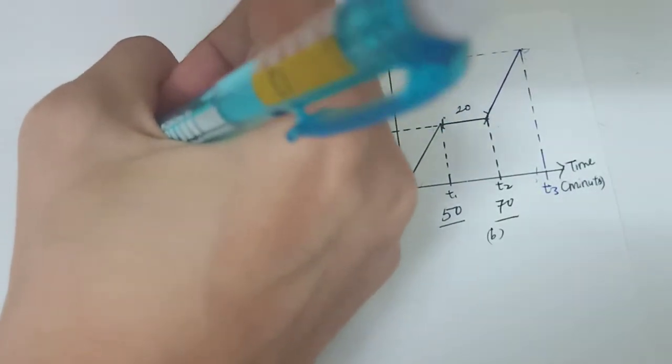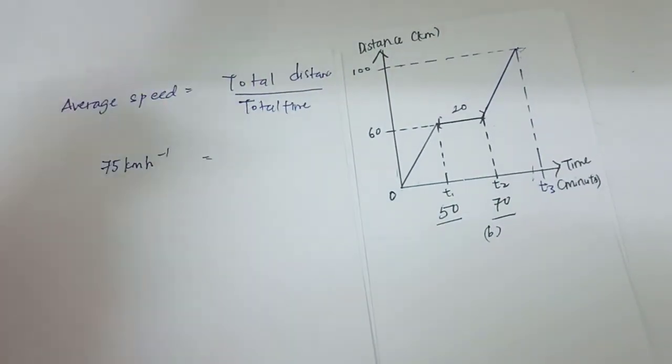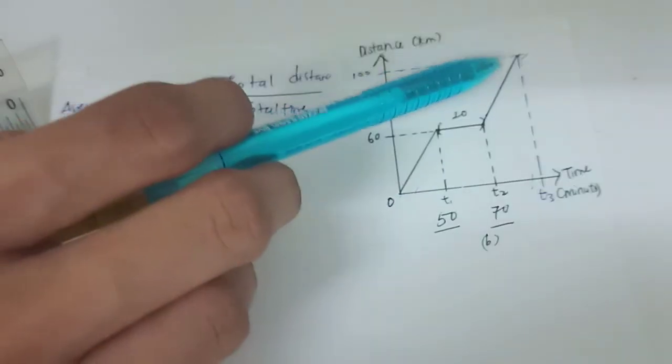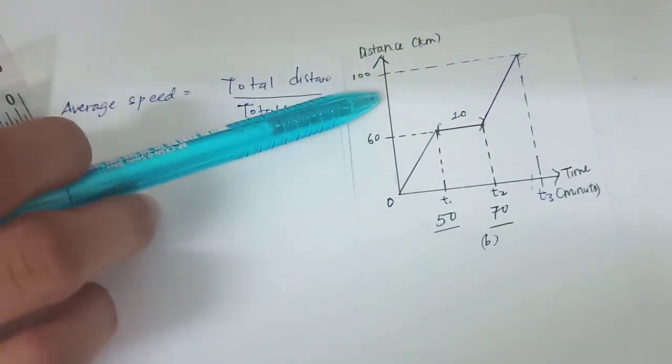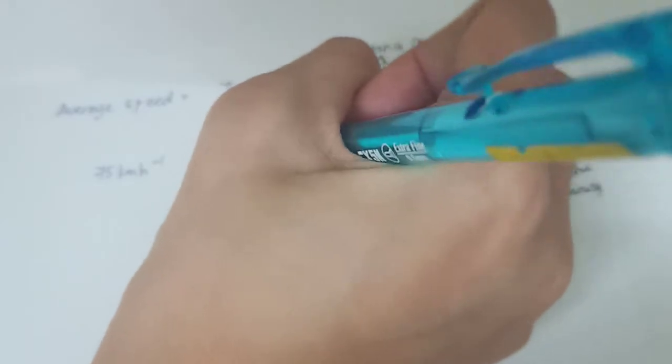So just rewrite that, 75 kilometer per hour. And then the total distance, it's talking about the distance from here to the destination. So from here to here, what's the distance? 100 minus 60 equals 40. Okay, 40 kilometer.